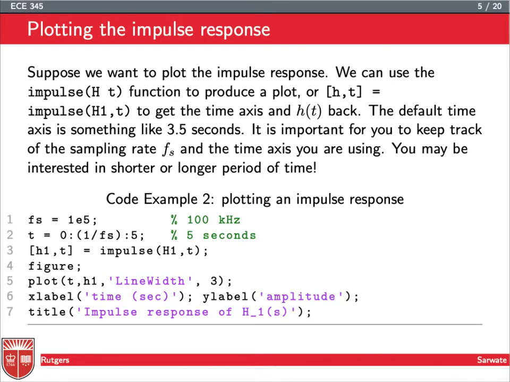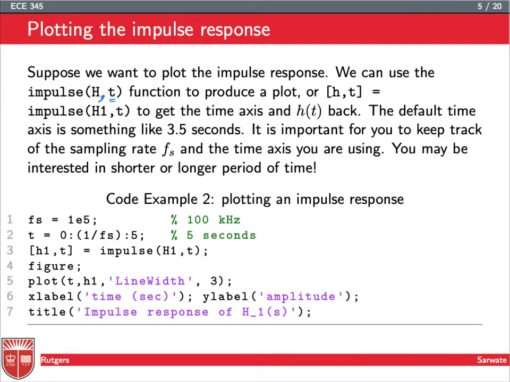If you want to plot the impulse response, there is another conveniently named function, impulse. You pass it the system object, which is the thing you constructed in the previous slide. So you pass it h, and you also pass it t, the time over which you want to evaluate the impulse response.